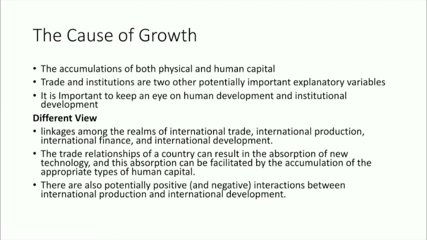The trade relationships of a country can result in the absorption of new technology, and this absorption can be facilitated by the accumulation of the appropriate types of human capital. There are also potentially positive and negative interactions between international production and international development. So these are the conclusions for the chapter.